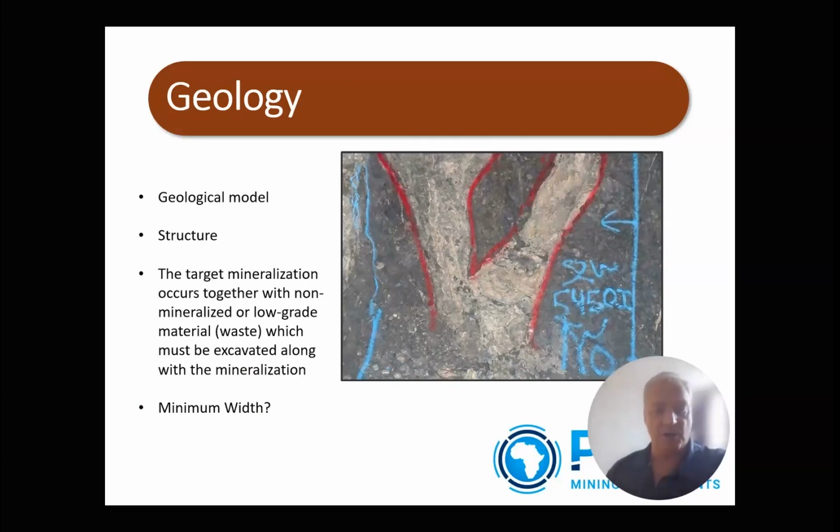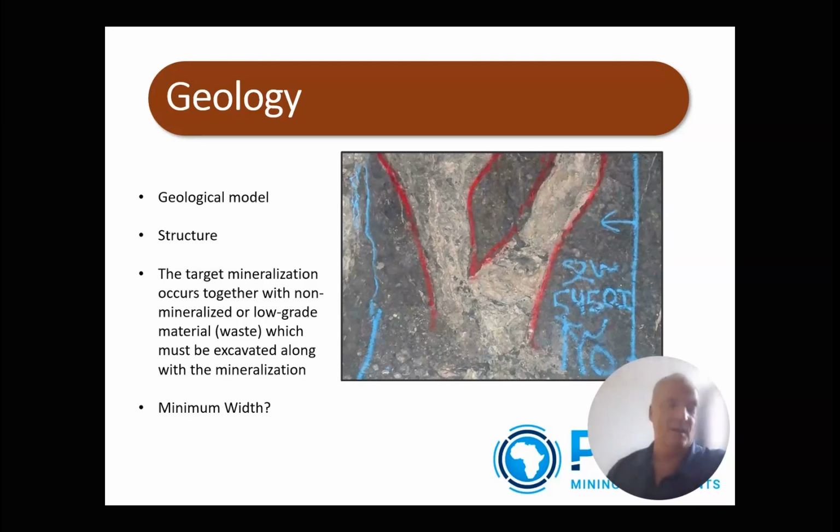Geology, obviously: having a geological model, having an understanding of the structure. If there's an aspect of the structure that can be an issue, this runs on to aspects of geotechnical, so hanging wall for underground, side walls and high walls for open cast. Those would be important to understand. Obviously things like dilution, so the low grade material that might come out.